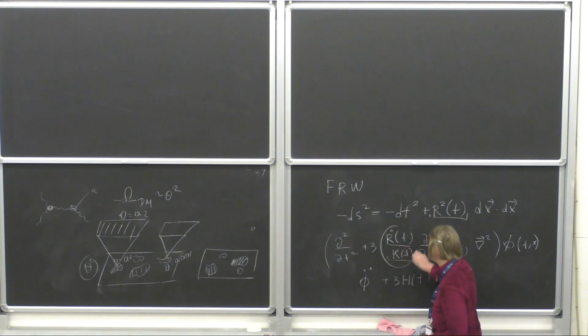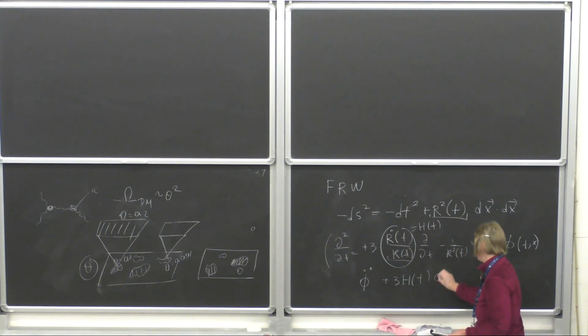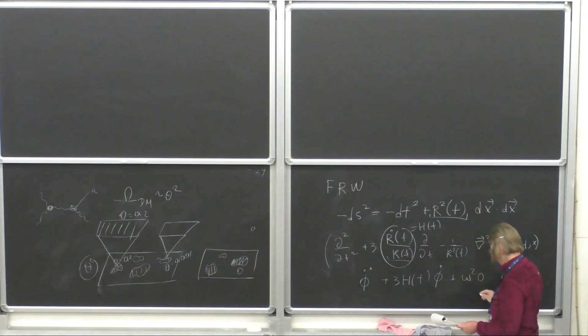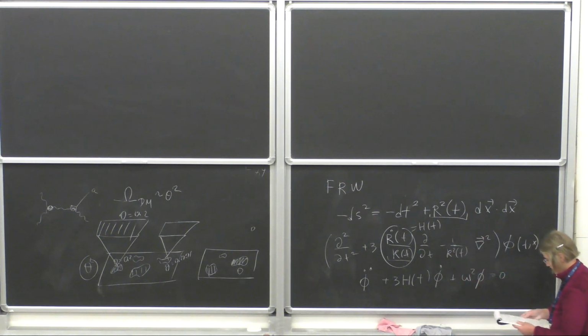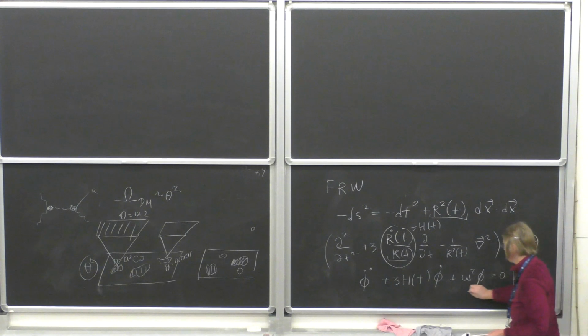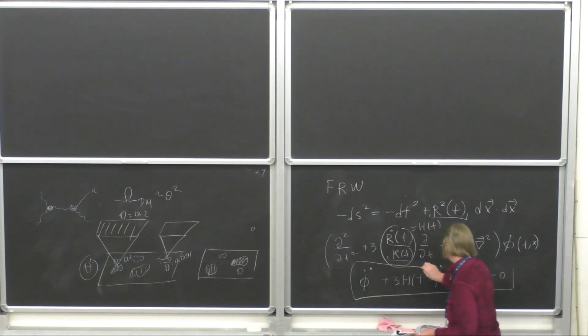So now this is the Hubble parameter. This is the first derivative of the field. I didn't explicitly write the potential in this case, but I will do it here. So in this case, you end up with a damped harmonic oscillator.